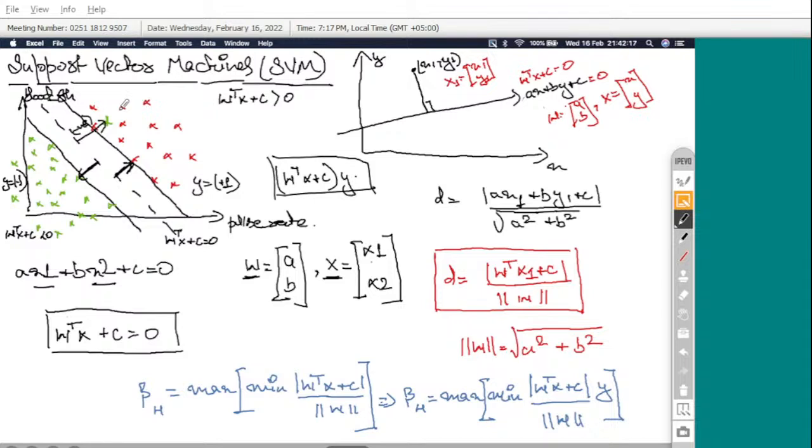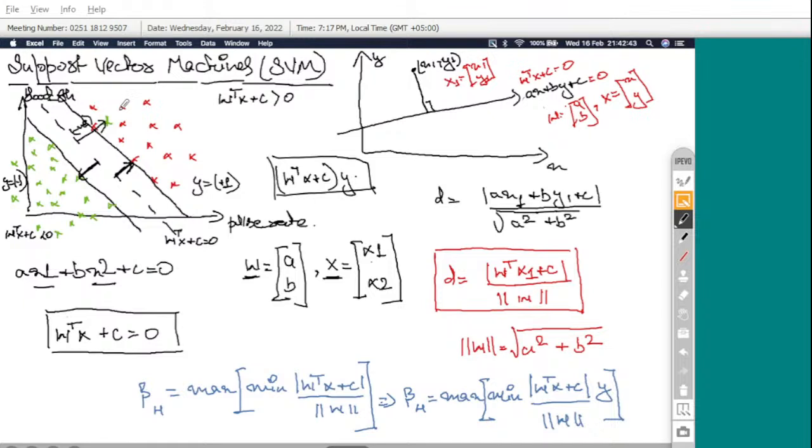Makes sense? So that's why W transpose X plus C is multiplied by either plus 1 or minus 1, which is the actual label of the target variable.